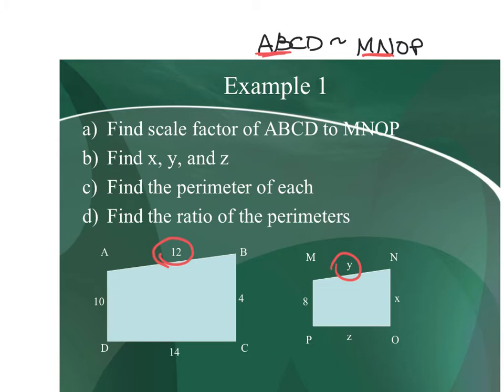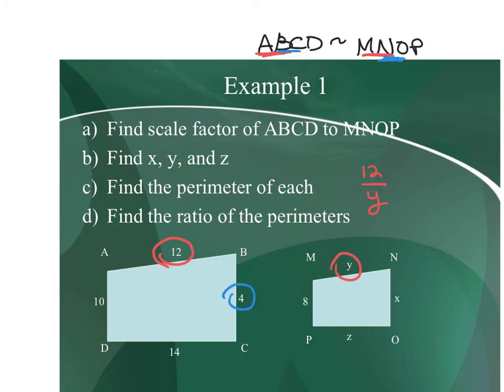So I can go ahead and put that in a ratio. So 12 over Y. Now I'm going to look for the next one. Let's find my next match. BC, second and third letter, matches with second and third here.